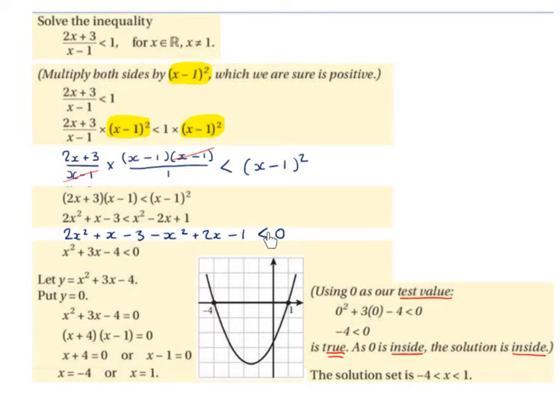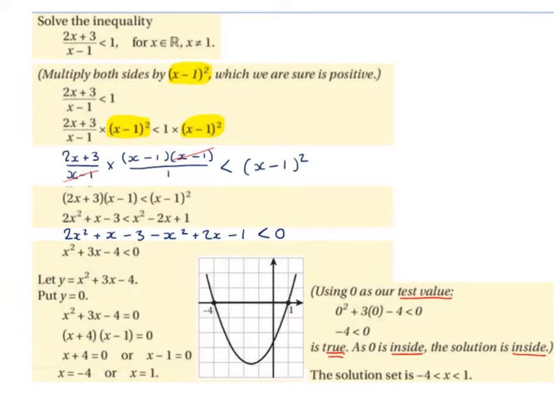So if we draw out an x and y axis, we're going to draw ourselves a quadratic curve, a U-shaped curve, that crosses our x-axis at -4 and 1. And then we're going to use 0 as our test value. So we're going to substitute 0 into x squared + 3x - 4 < 0.